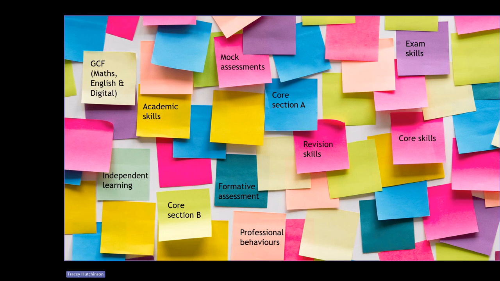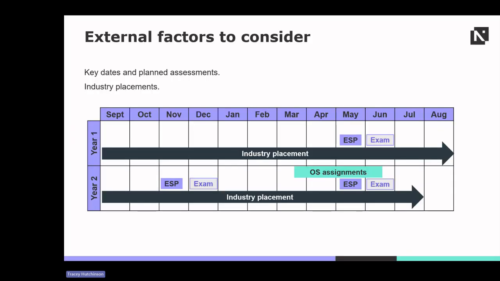So as well as these components, there are external factors and commitments that may impact your delivery. Be aware of all important dates for exams, assessments and project deadlines. Plan for industry placement, consider the summer between the first and second year and how they integrate with the curriculum.